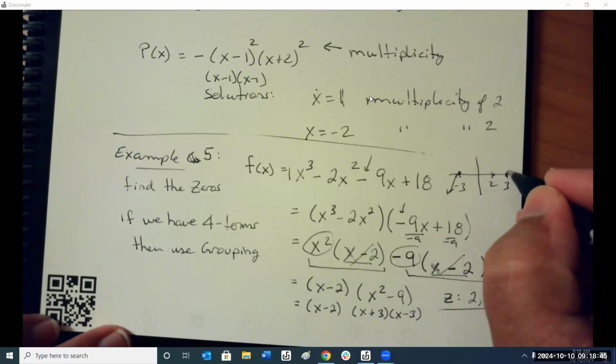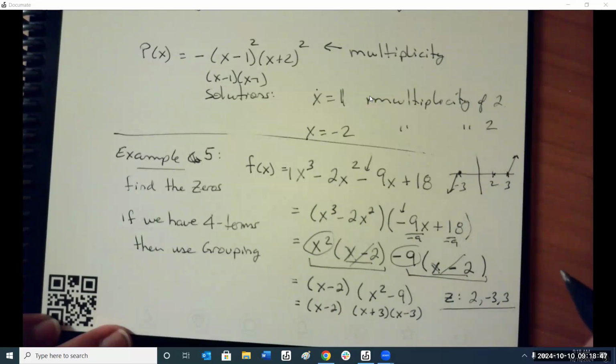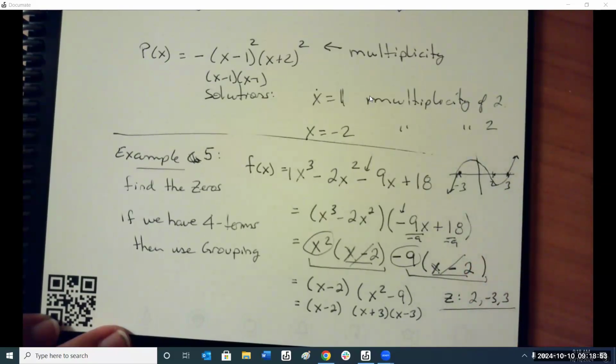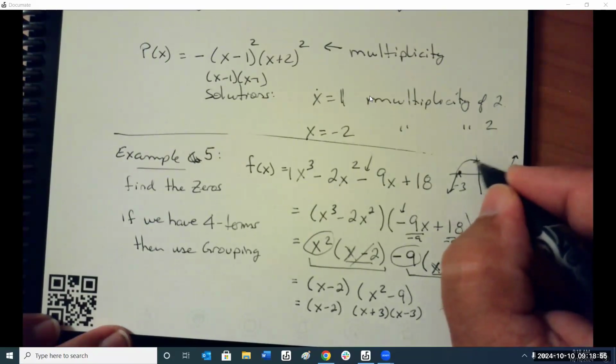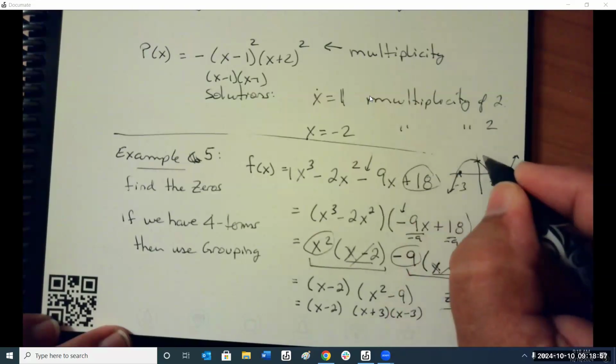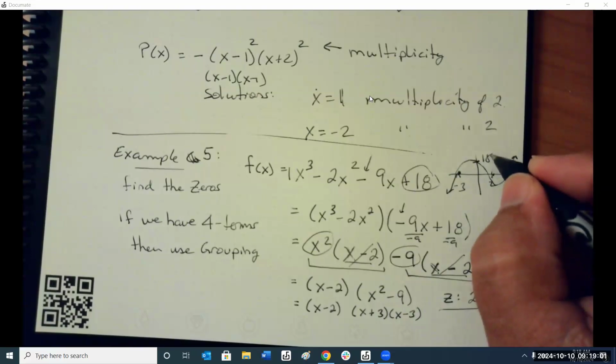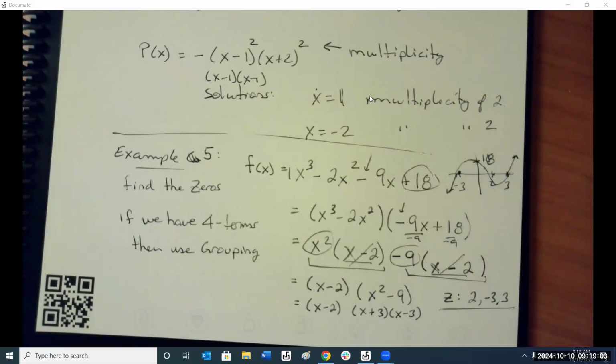This end goes down, this end goes up. So our graph will look something like this. And we know we have a y-intercept of 18. We can pretty much sketch the graph real quick, what it's going to look like.